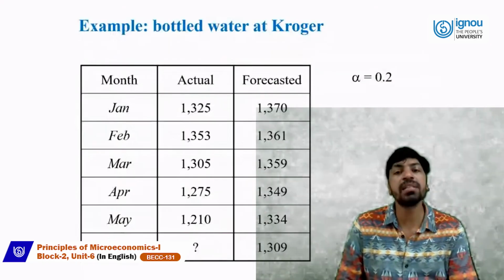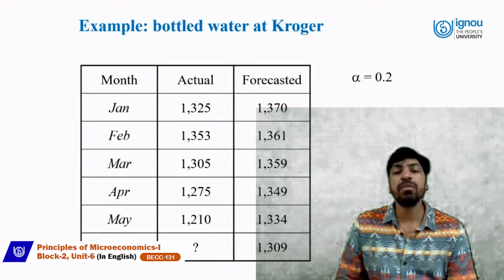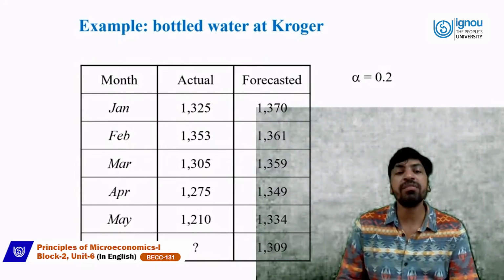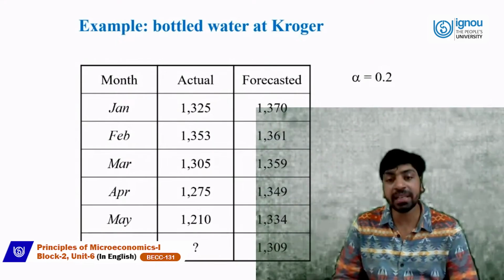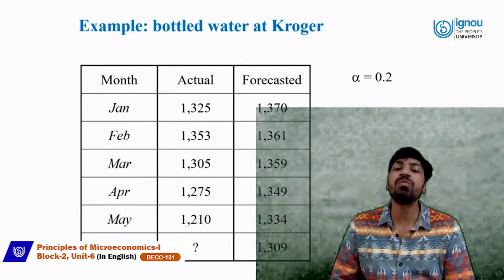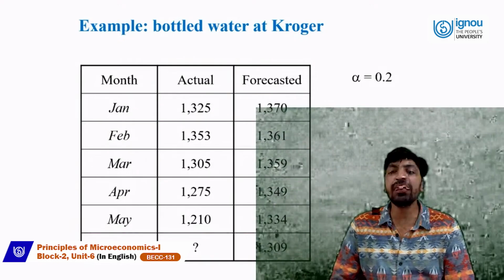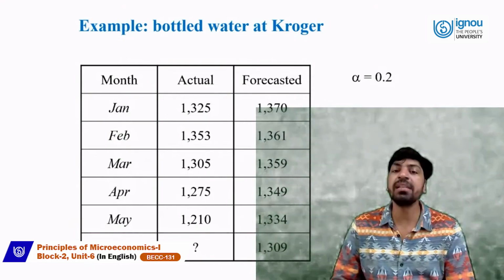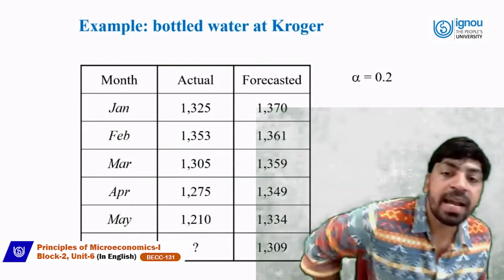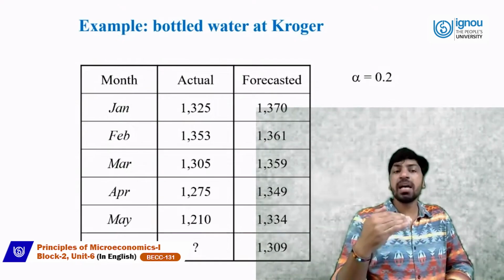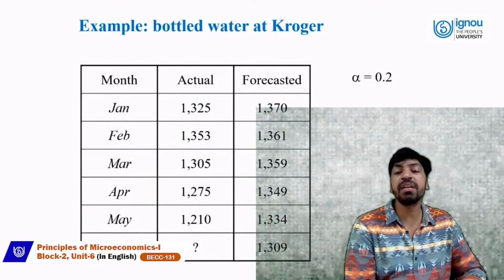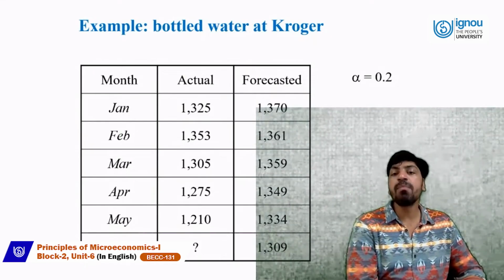Once you get the forecasted value of the February month, now come to the March month. You need to calculate the forecasted value of March. So you need to subtract the actual and forecasted values of the last month: 1353 minus 1361, times 0.2, you will get the value 2. Then you need to subtract the 2 from the forecasted value of February, that is 1361 minus 2.